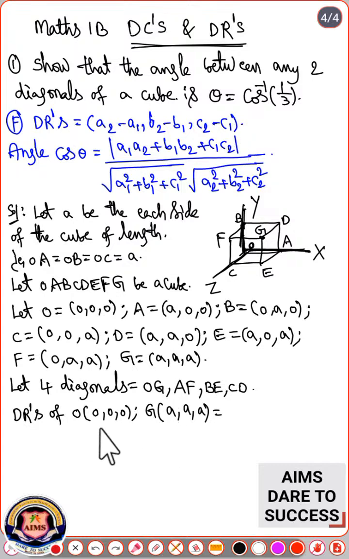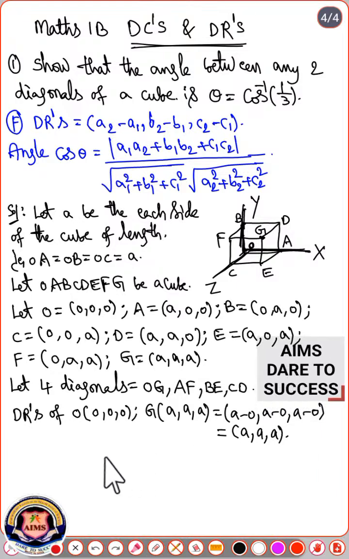That is second value minus first value. That is A minus 0, again A minus 0, again A minus 0. That value is equal to A comma A comma A.